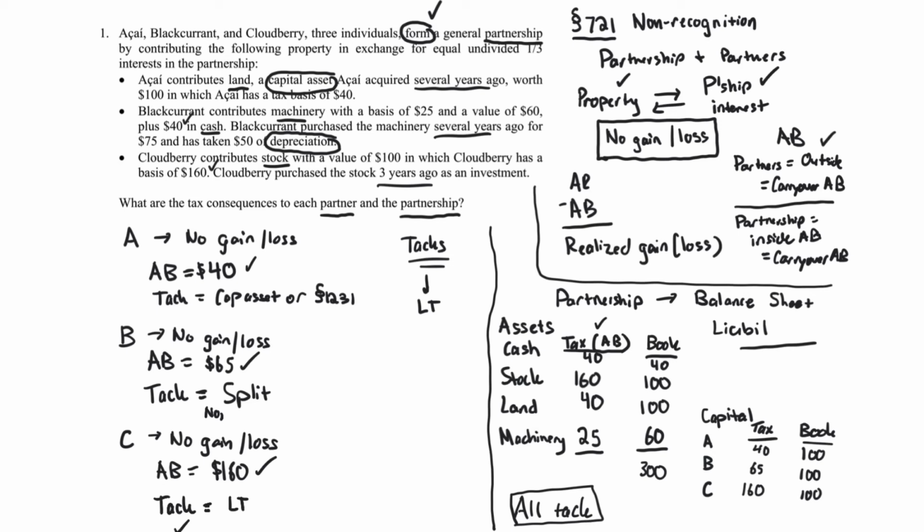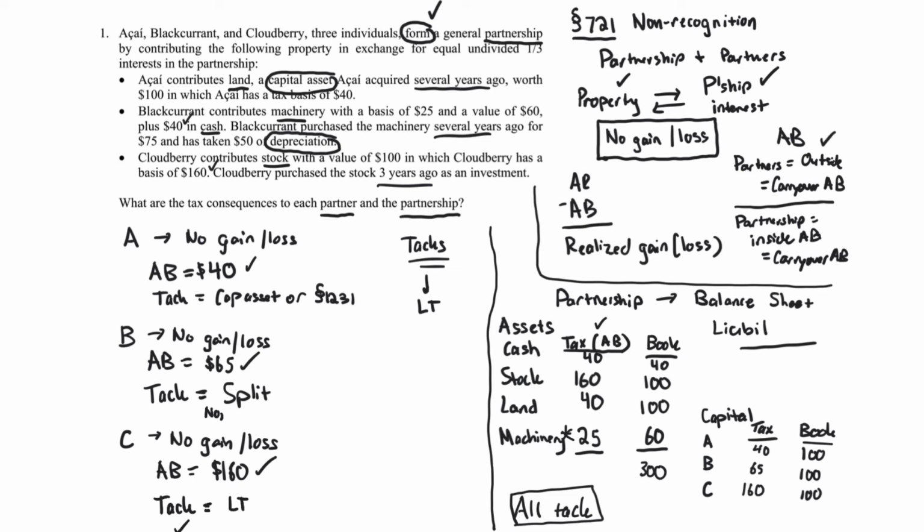It does not trigger gain here to B. But what it does is, the machinery going forward in the hands of the partnership, that depreciation recapture goes with it. It sticks with it. And that depreciation recapture would actually be allocated to B in the future if the partnership later sells the asset.